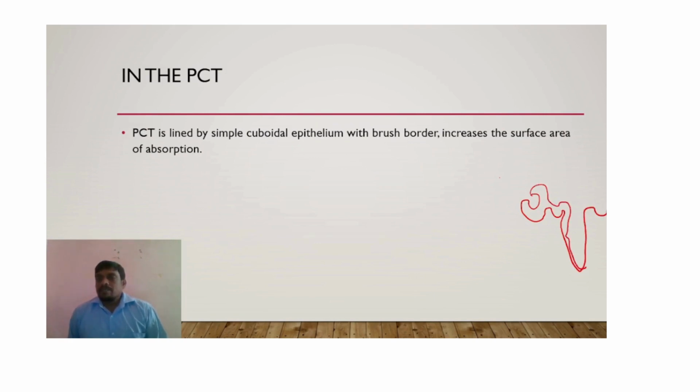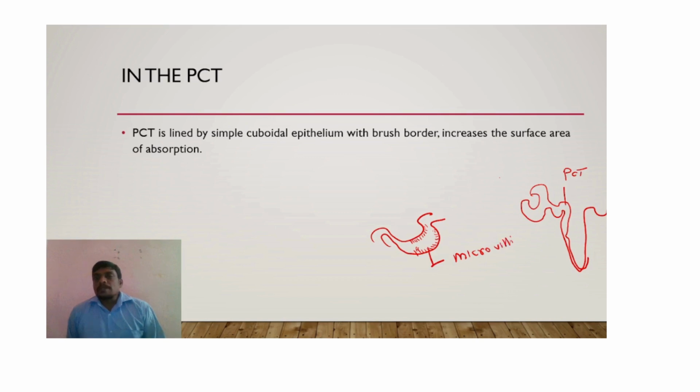You can see here. So this is the first convoluted tubule, called the proximal convoluted tubule. This proximal convoluted tubule basically contains finger-like structures inside its tubular structure. These finger-like structures are called microvilli.